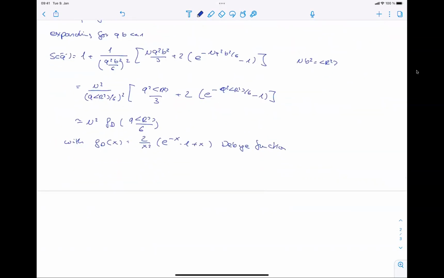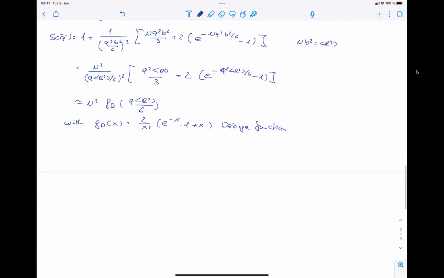And so now this determines our scattering. So if we actually plot the full function as a function of our wave vector normalized by R squared over 6, it decays from 1 if I also normalize this by n squared.